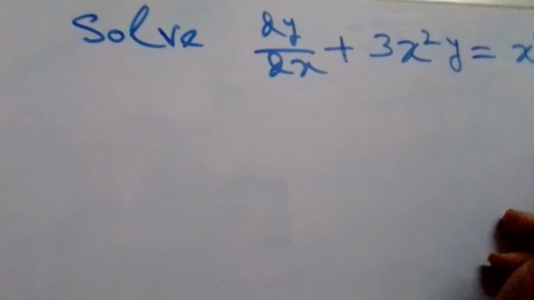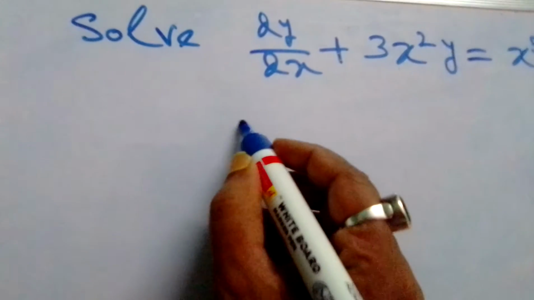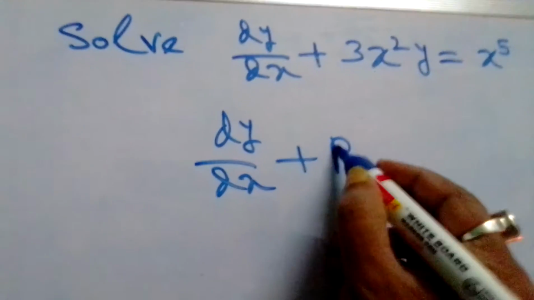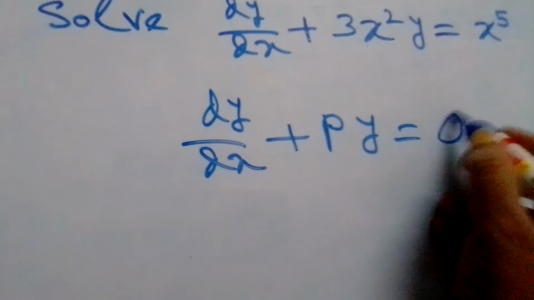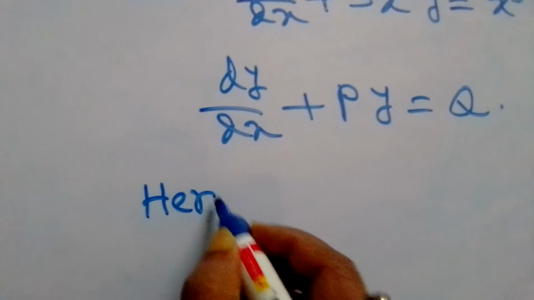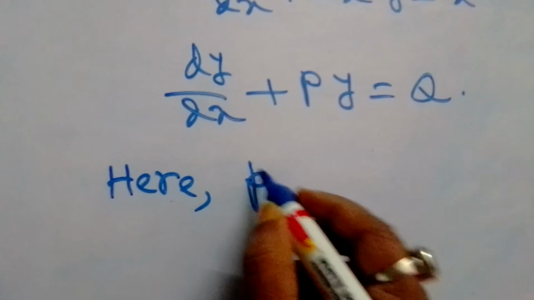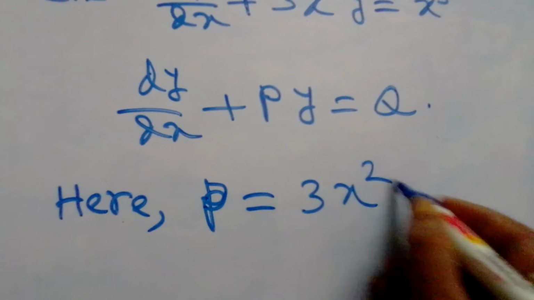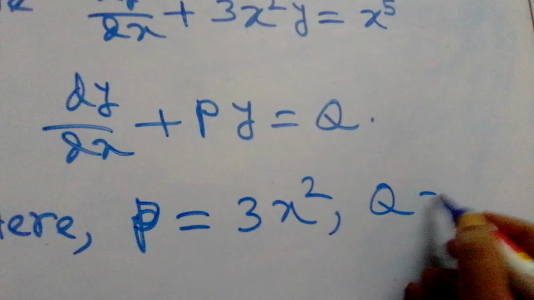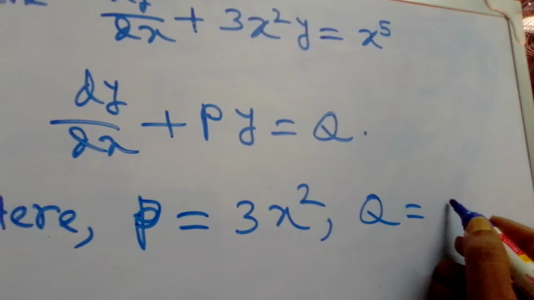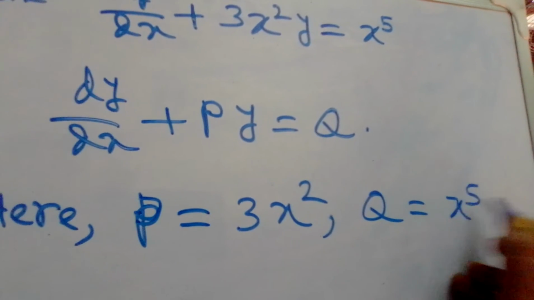This is the form of the differential equation: dy/dx plus Py is equal to Q. Now here P is equal to 3x squared, and Q is equal to x to the power 5.